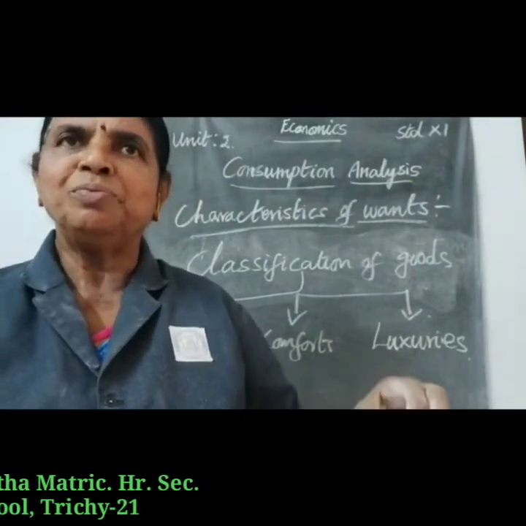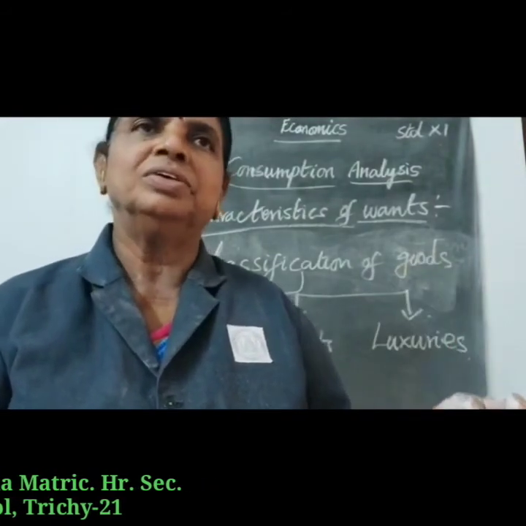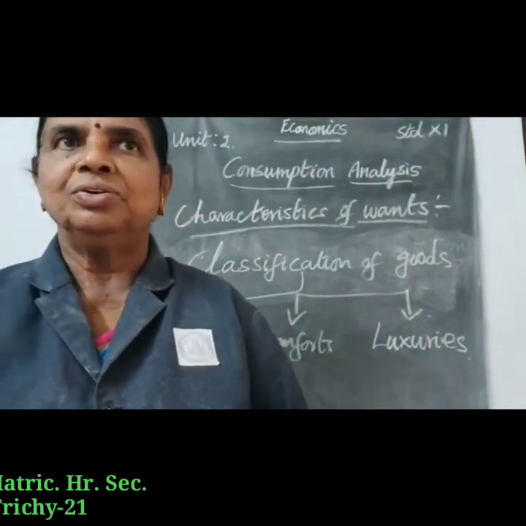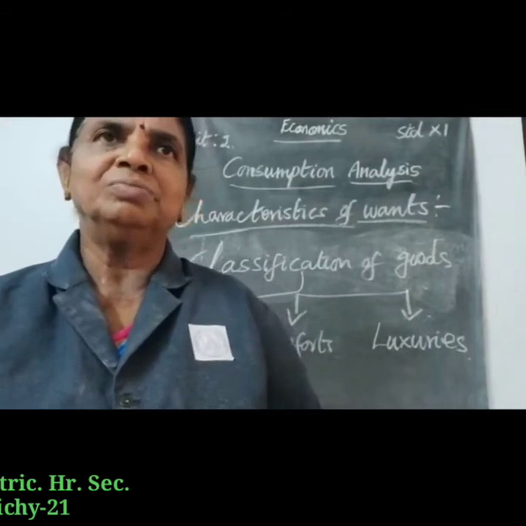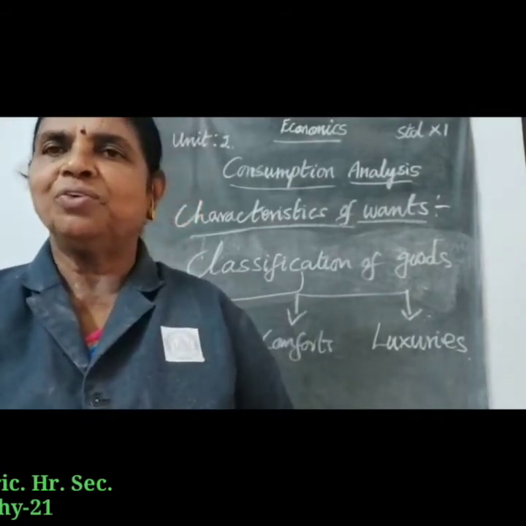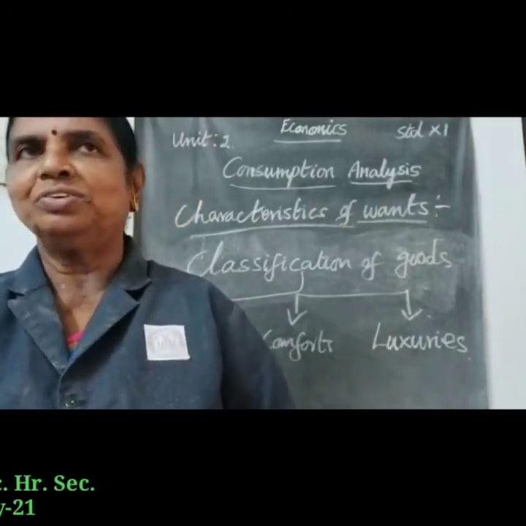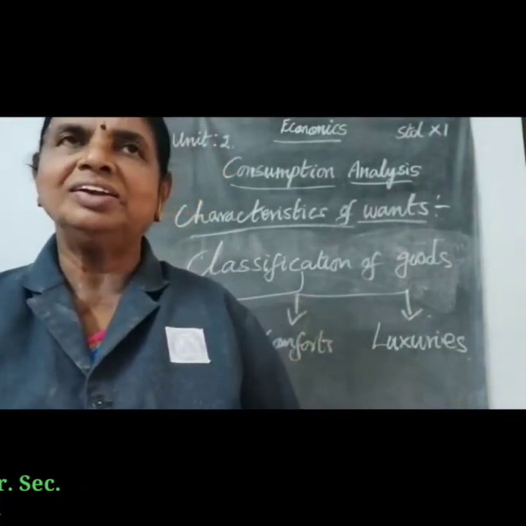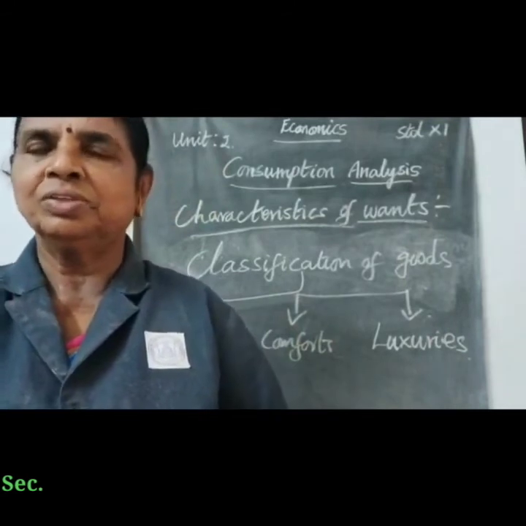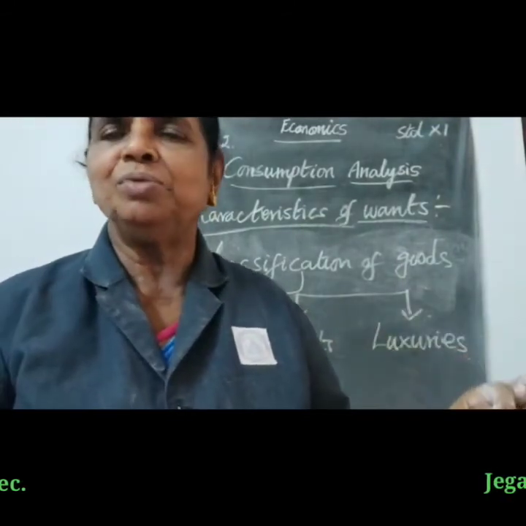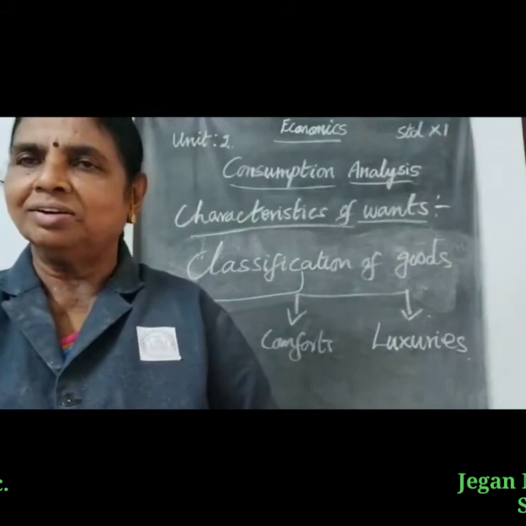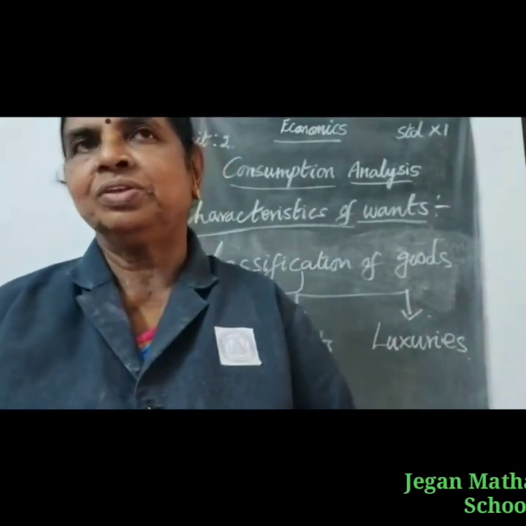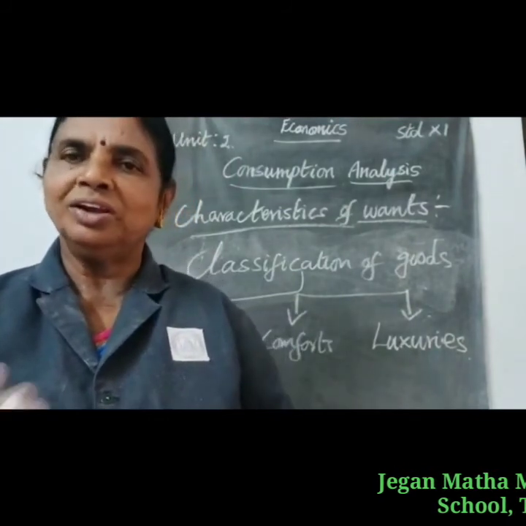However, for people with higher income, they may look like necessaries or comforts. Do you understand? These classifications are only relative in their concept. What is a comfort to one may be a necessity to another and a luxury to a third person. For example, owning a car.